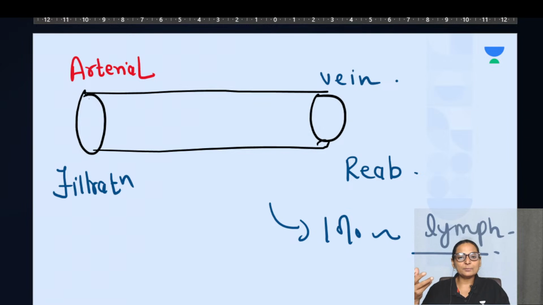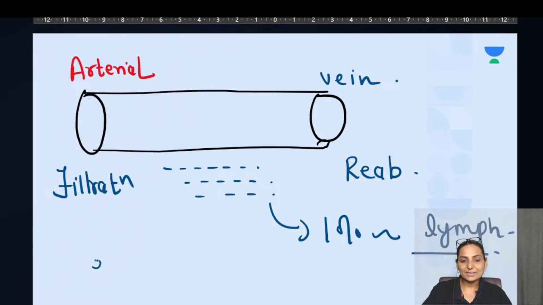So if there is disturbance anywhere in filtration, in reabsorption or lymph, what will happen? There will be accumulation of the fluid here in the interstitium. This is the interstitium, and what you will get is interstitial fluid accumulation, that is edema.